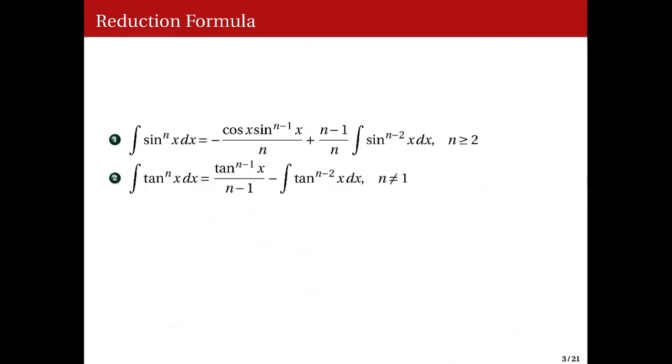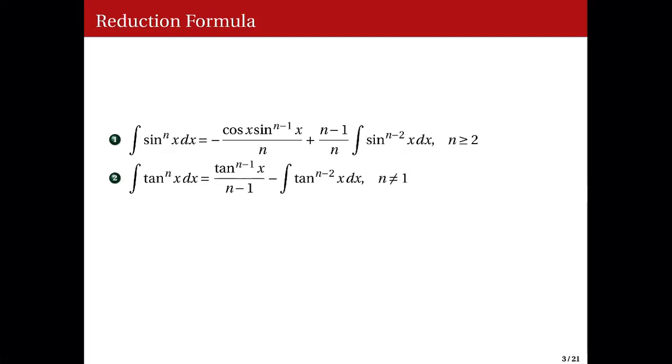Let's look at another one here. So in here we have integral of tangent to the n x dx. So it's equal to this guy here: tangent raised to n minus 1 x over n minus 1 minus integral of tangent to the n minus 2 x dx. Okay?